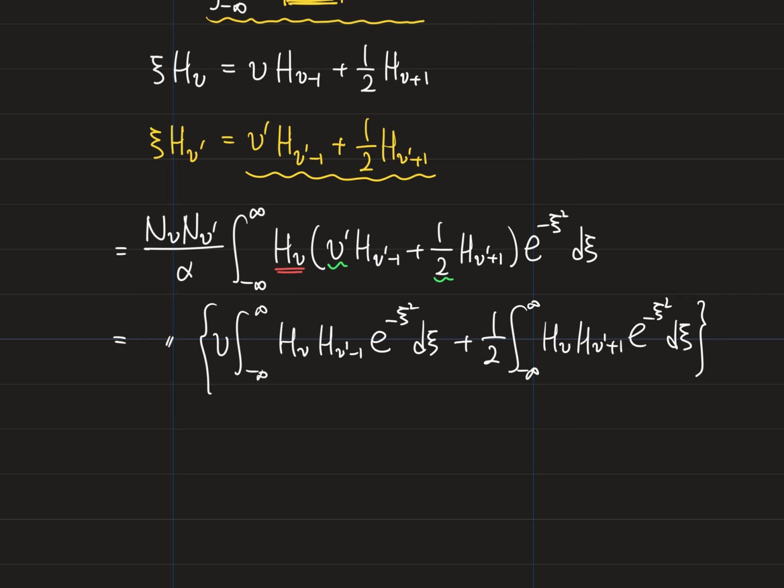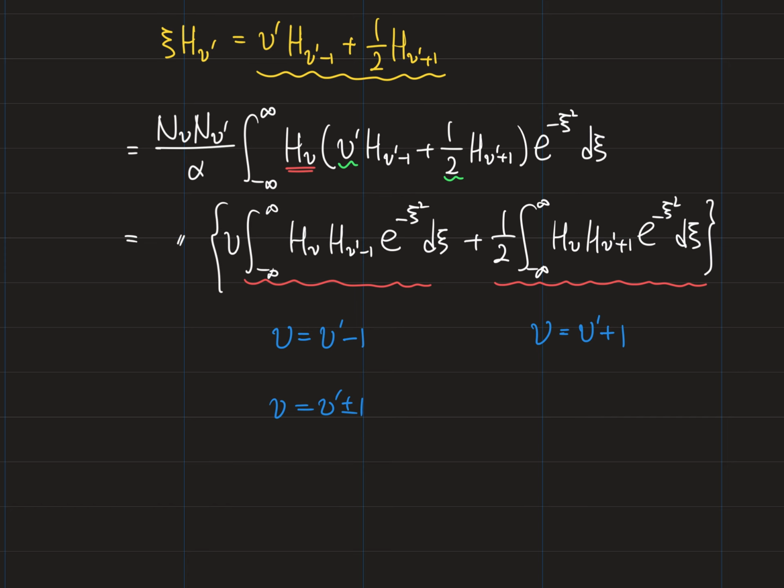To have a non-zero value of the transition dipole moment, at least one of these two terms should survive. The only possible way to have a non-zero value is v equal to v prime minus 1, or v equal to v prime plus 1. That means v and v prime should differ by only 1, plus or minus 1.